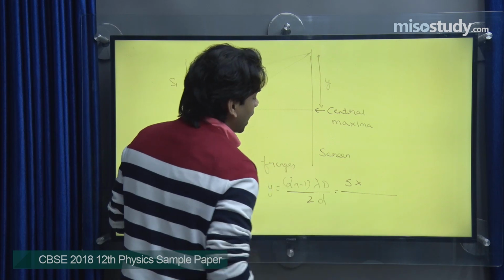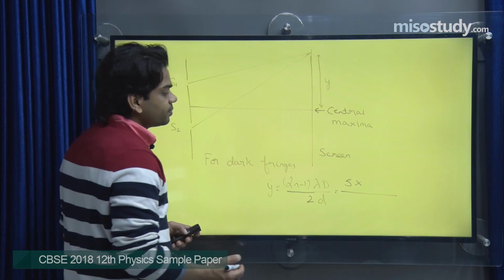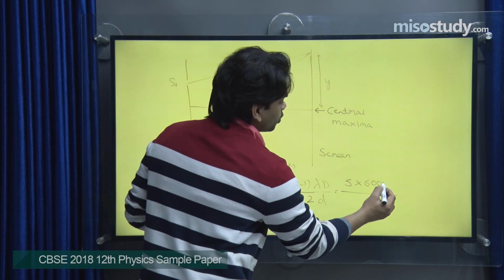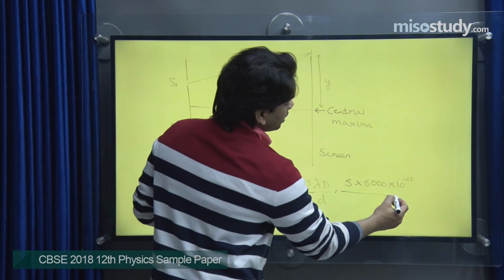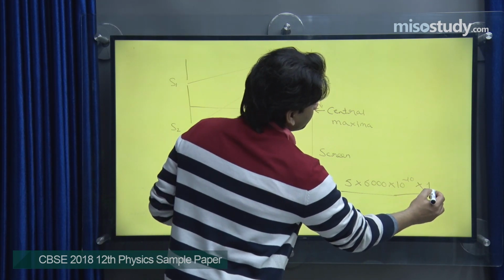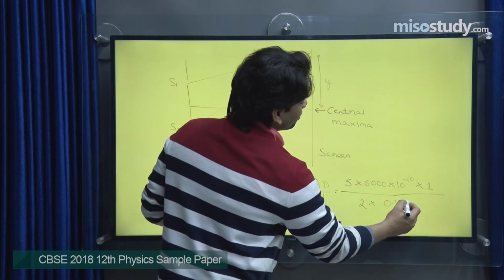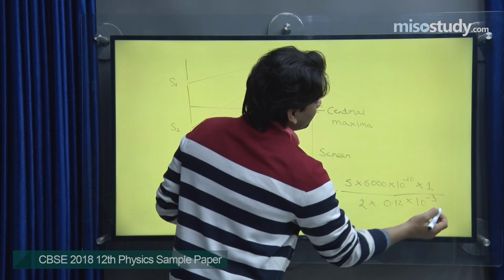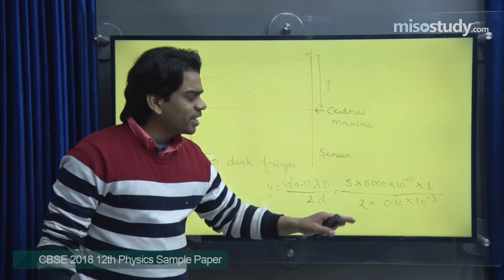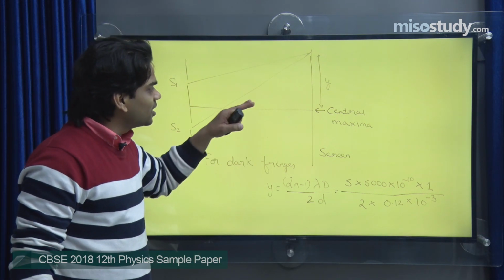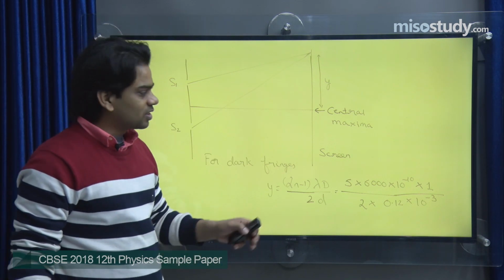The value of lambda is given here as 6000 Angstrom, so use here 6000 into 10 to power minus 10 into capital D, that is 1, divided by 2 into small d, that is 0.12 mm. Now you can easily evaluate this, and you can get the value of the distance of third dark band from the central maxima. I want you all to note down till here and start from here.